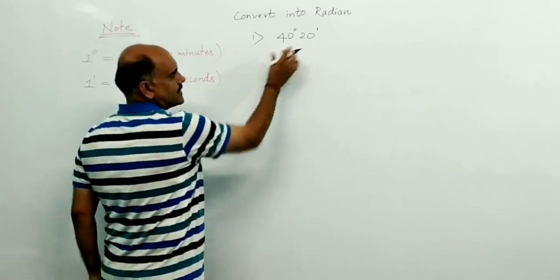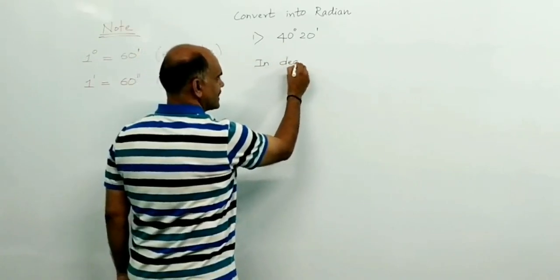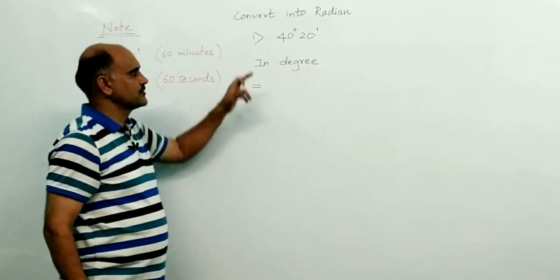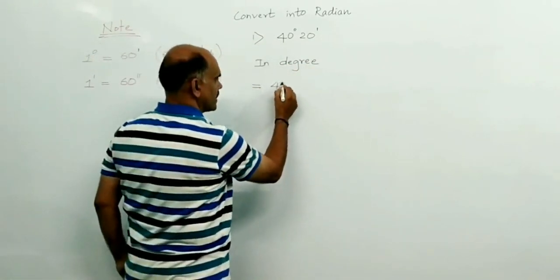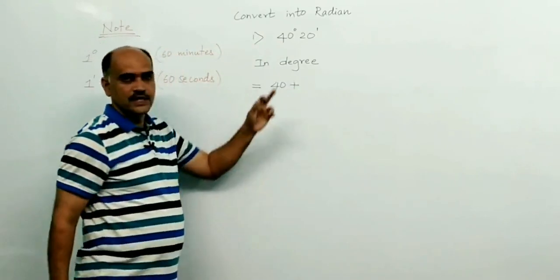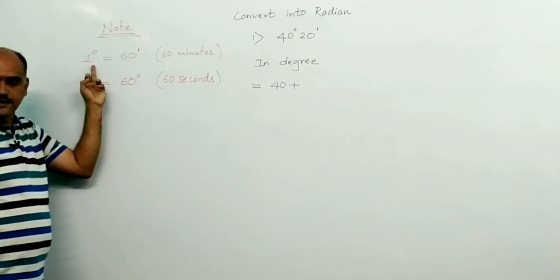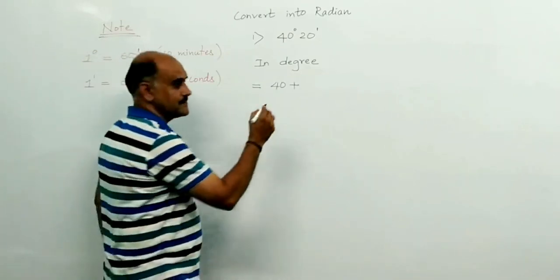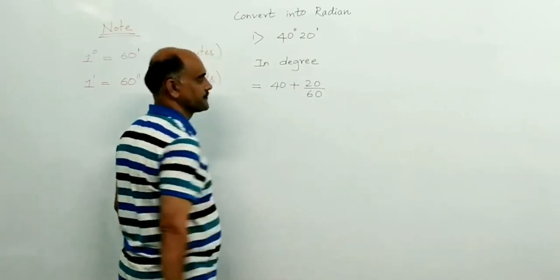So 40 degree 20 minutes is there. In degree, how do we convert? 40 degree as it is I will keep, plus the minutes converted into degree. So 20 minutes is nothing but 20 by 60.